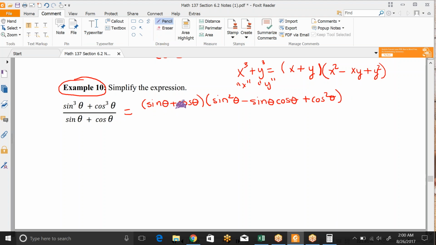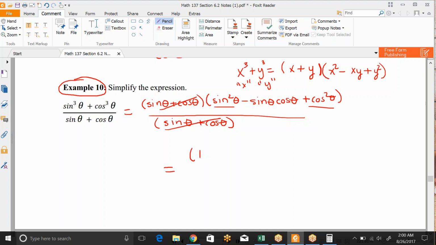So what we end up seeing is that we have that on the top, and the bottom is just sine theta plus cosine theta. So that's going to cancel with that first part. We have a sine squared and plus a cosine squared. That's actually a 1. So on top, we have 1. And then minus sine theta cosine theta.